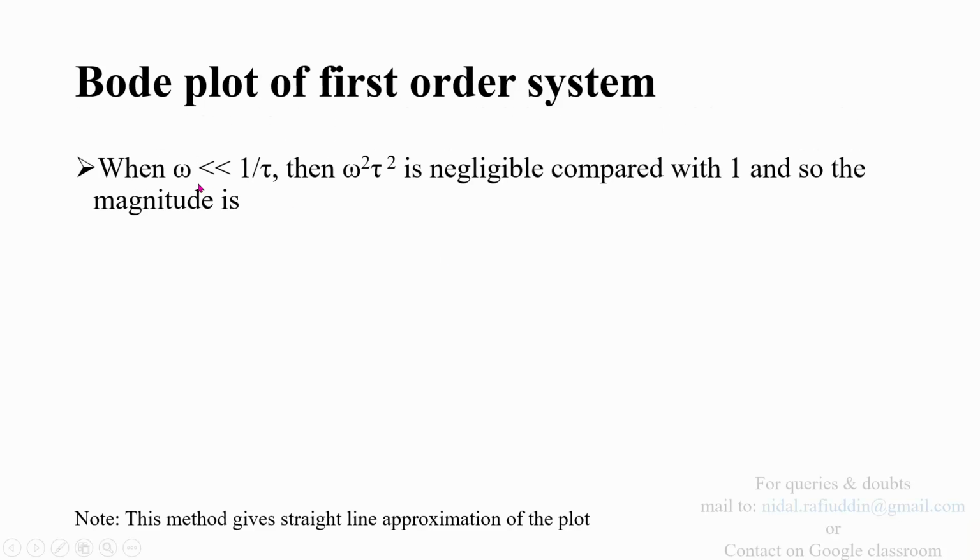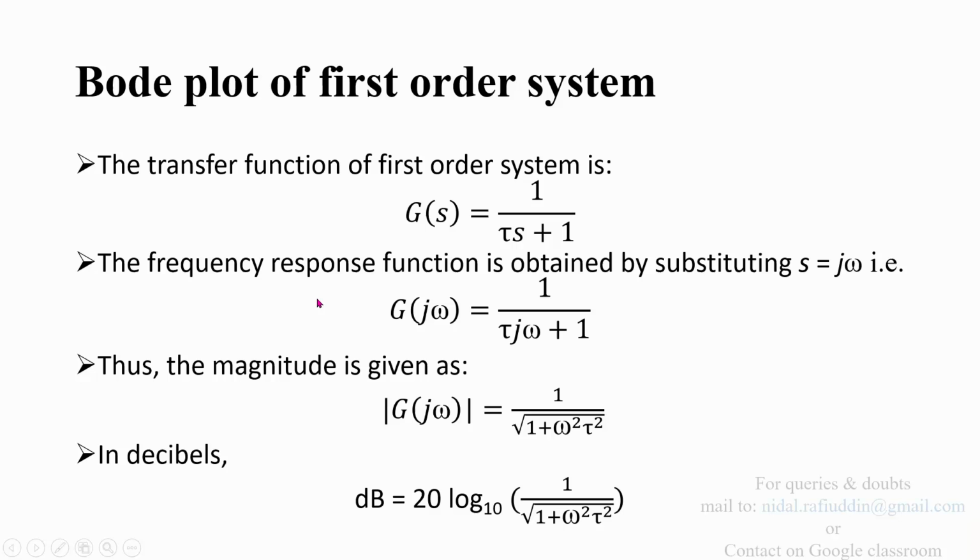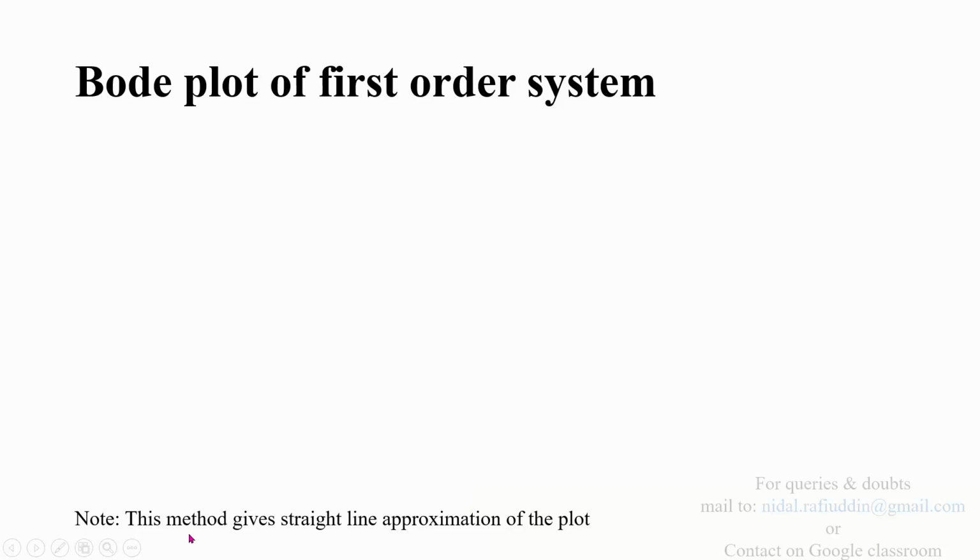Now when omega is much less than 1 upon tau, now if you look at the function here, we are going to draw a Bode plot of a first order system, and there's a note that mentions that Bode plots drawn by hand are a straight line approximation of the actual plots.